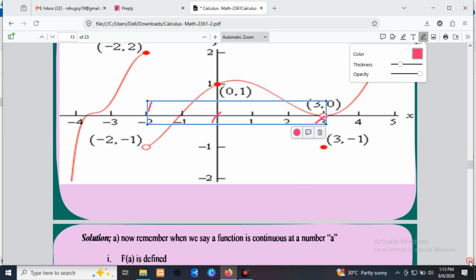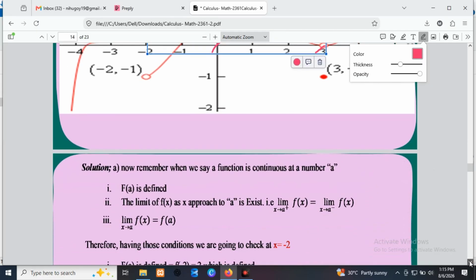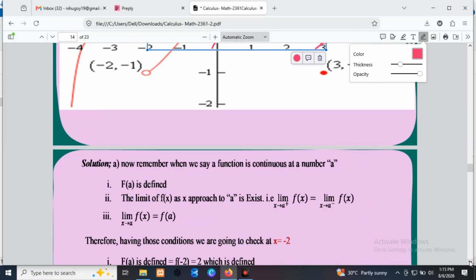As you know, for a function to be continuous, it should satisfy three conditions. First, the function should be defined. Second, the limit of f of x as x approaches a should exist, which means the right hand and left hand limits have the same value.